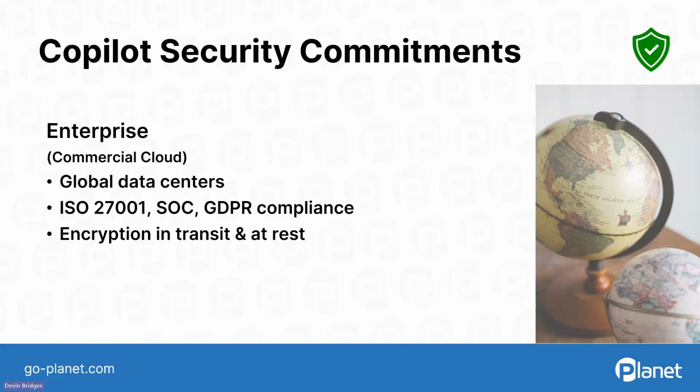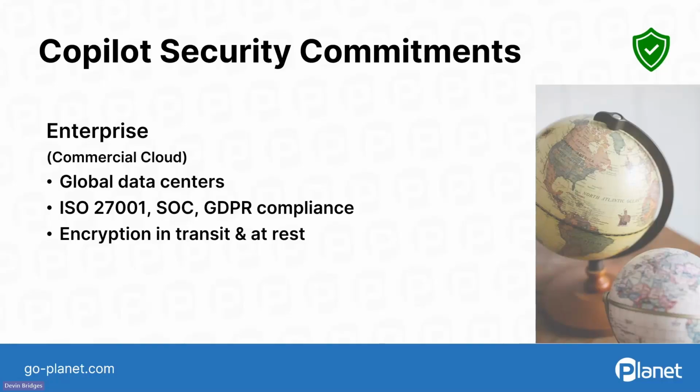That's ISO 27001. Independent audits through SOC reports, and alignment with GDPR for organizations that have to manage EU personal data. You don't have to remember each acronym. The important part is that Copilot is not operating off to the side. It inherits that same enterprise-grade compliance posture as the rest of Microsoft 365.